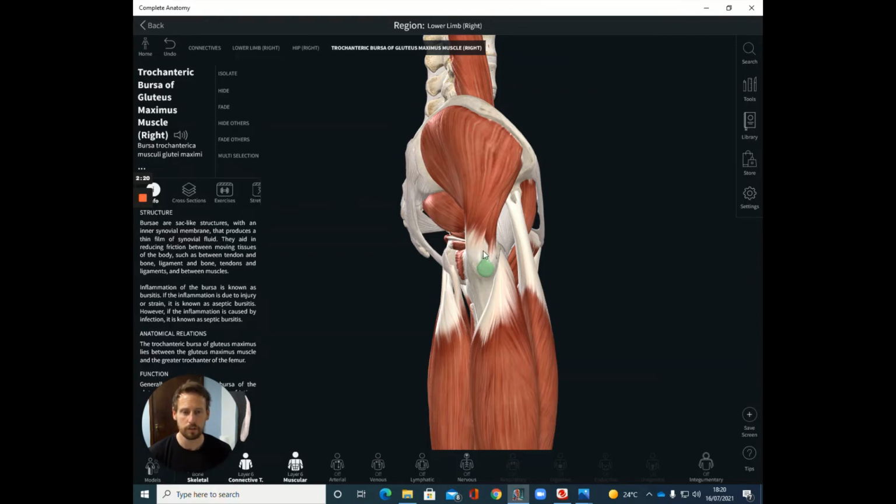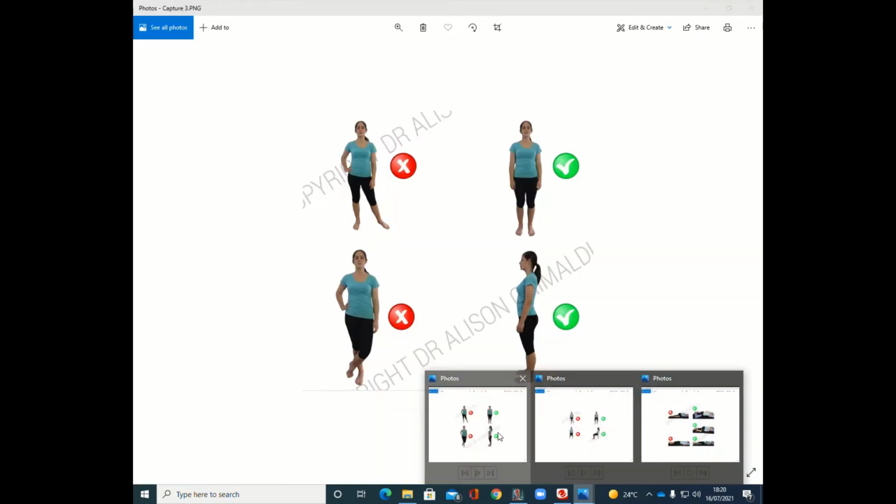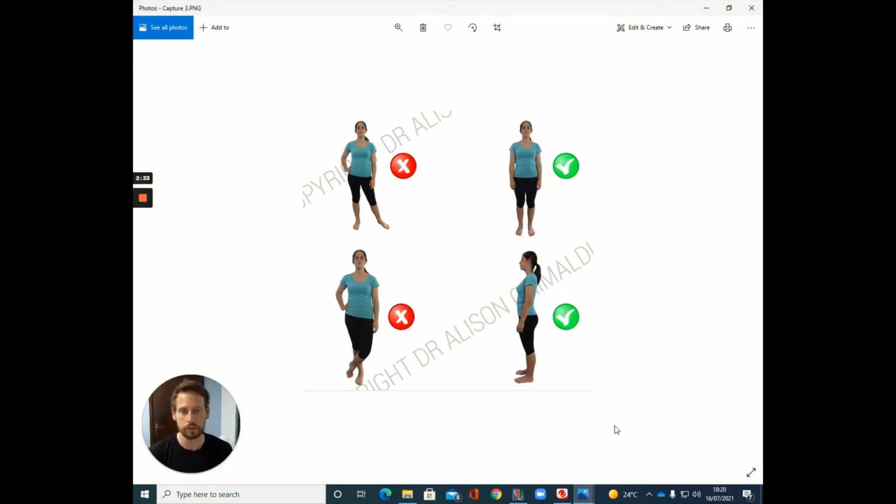So exercise is really the most widely researched and most evidence-based treatment for this type of problem. Now, the other thing when you have this lateral hip pain, you can find that certain positions can be more provocative or more irritating for you.